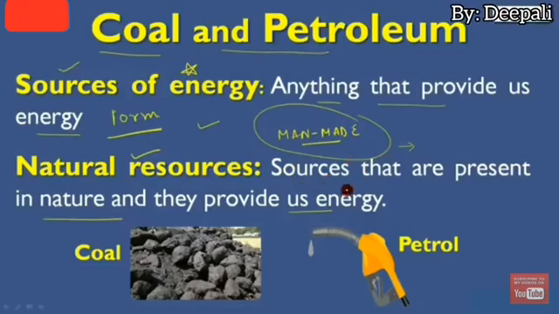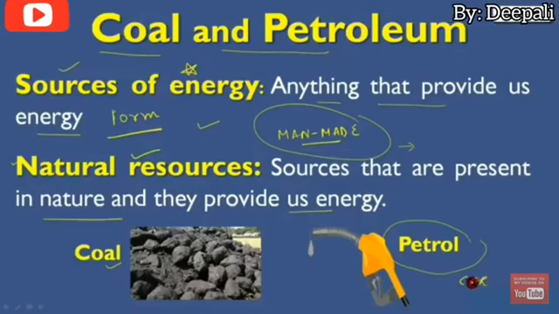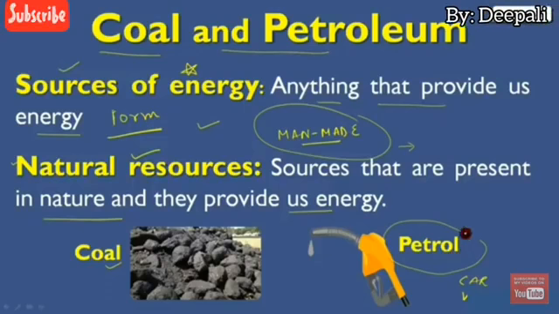Similarly, man-made resources are prepared artificially. Coal is an example of exhaustible natural resource, and petrol is again an exhaustible natural resource used as a fuel in car, bikes and other transportation medium.